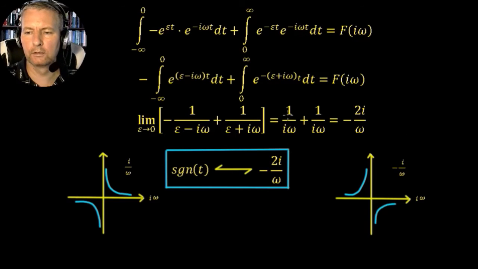If you're not sure why dividing by i is the same as multiplying by negative i, just remember what i is: i squared equals minus 1, and you can work that out for yourself. So what we're left with is that the Fourier transform of the signum function is going to equal minus 2i upon omega.